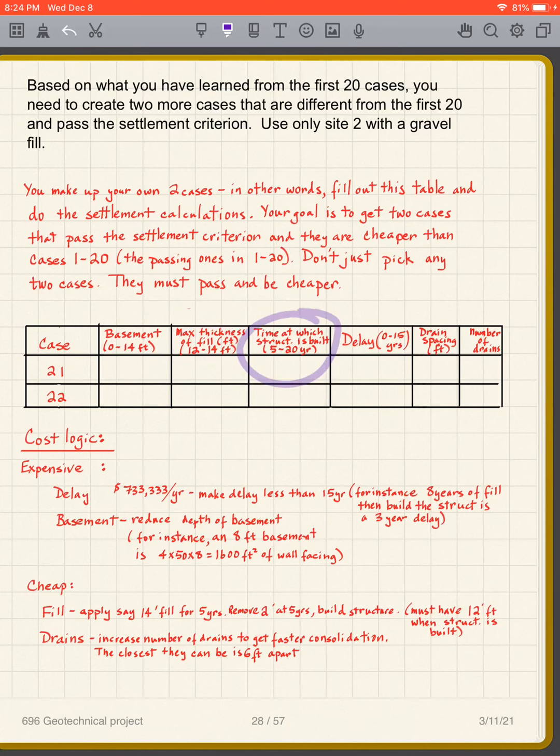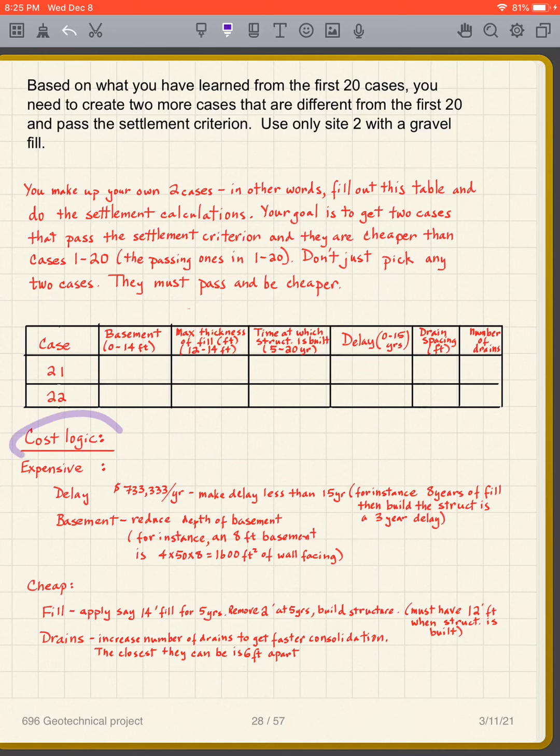The time at which the structure is built is between 5 and 20 years, so you have a delay of 0 to 15 years. You pick your own drain spacing, which gives you your number of drains. So you create these two cases.